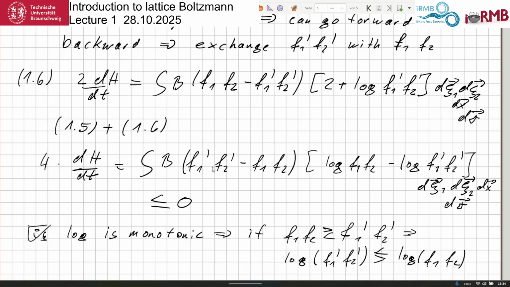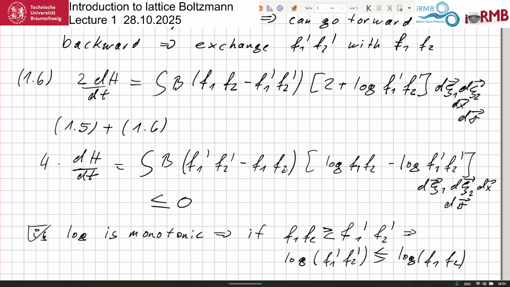So what do we have? We have here the post-collision minus the pre-collision, and here we have the logarithm. If this thing here is larger than this, then this is positive, but then this here is larger than that here, and the entire thing becomes negative.